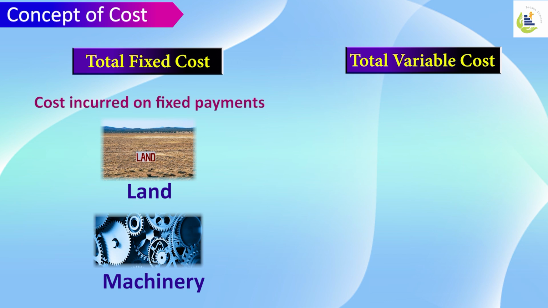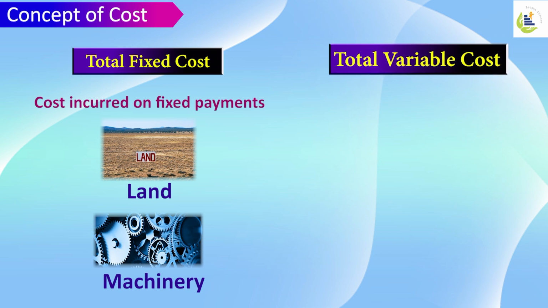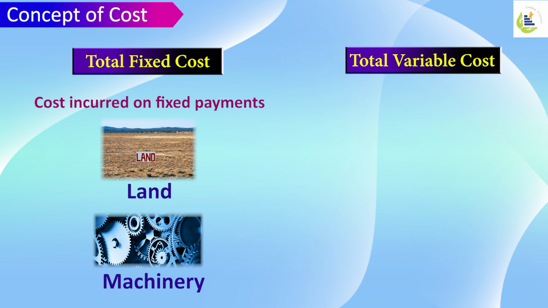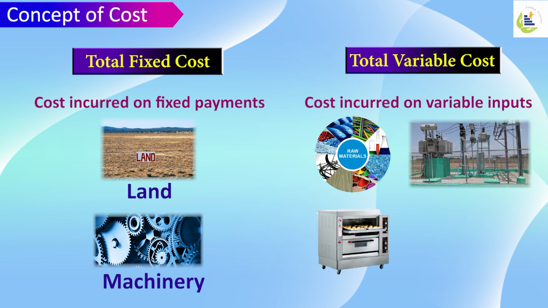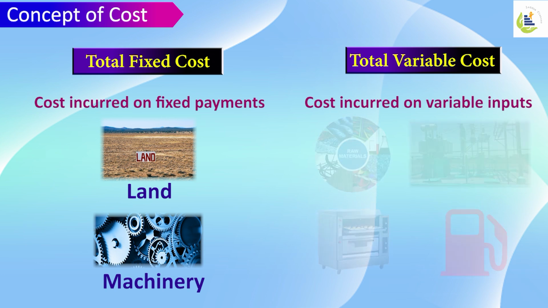Now there is another component, that is variable cost. So total variable cost is the total amount incurred on all the payments made on variable inputs. Now what are variable inputs? Inputs whose requirement varies, like raw material, power, fuel.